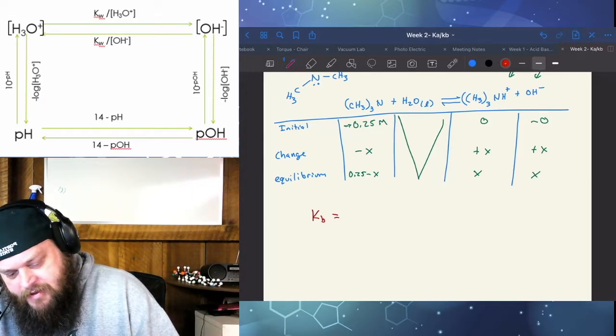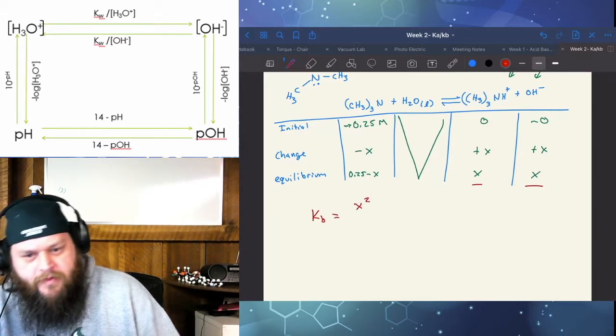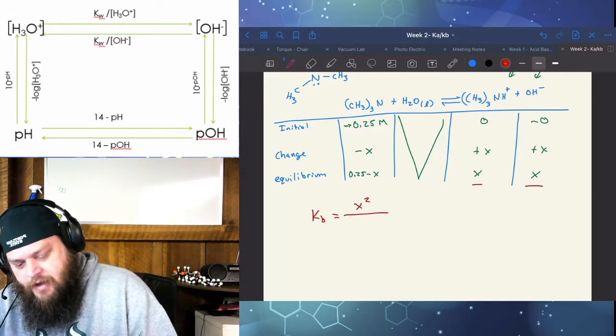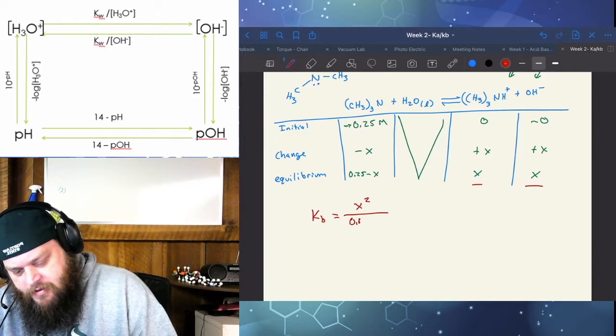In this case, the products are just X and X, so it'll be X squared, X times X, divided by 0.25 minus X.